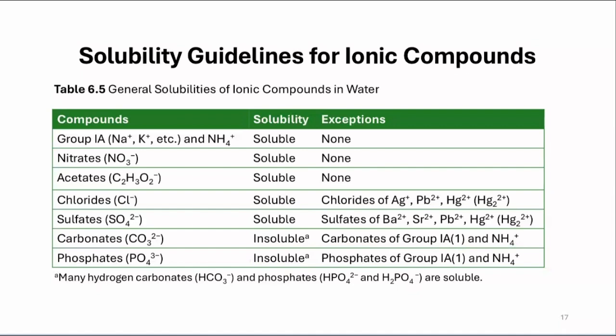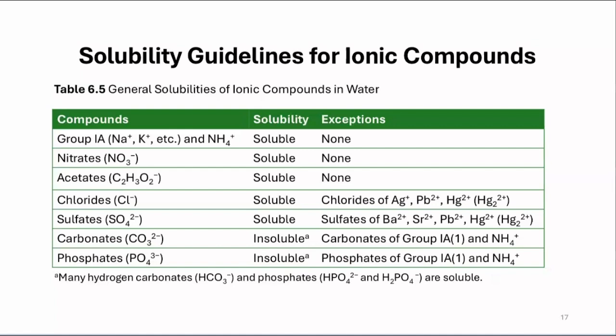The only time that we can make phosphates soluble is if they're paired with 1A elements or with ammonium. Many hydrogen carbonates and phosphates tend to be soluble, as you can see down here. But overall, these are the solubility rules that you need to be familiar with.